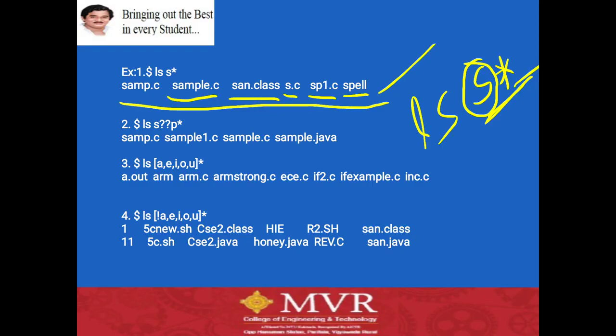Here we have displayed all the files which have s as the starting letter. The remaining things we won't bother about, because we have used star, which is nothing but 0 to any number.